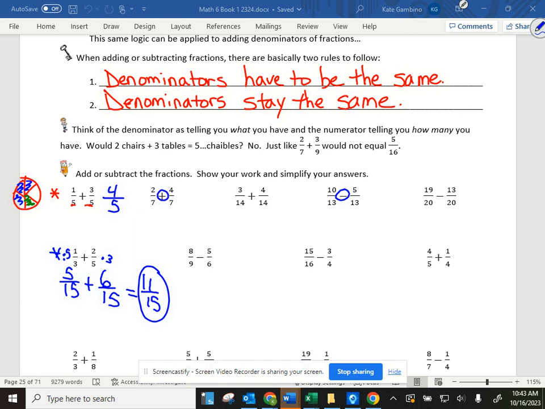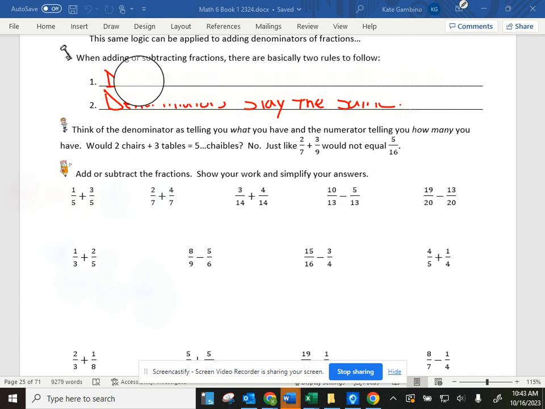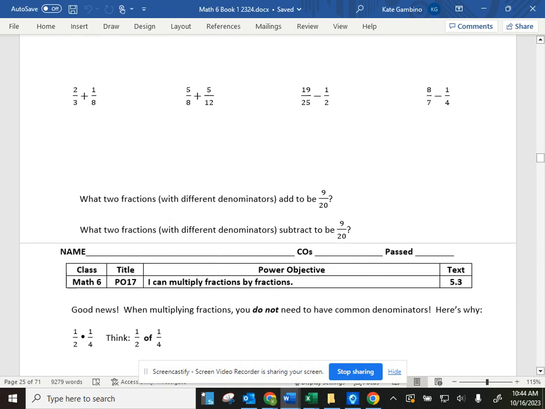On the bottom, it has some questions that you need to be able to answer. What two fractions with different denominators add to be 9/20ths? So this one is something that tricks kids up a lot when we get to this. So let's look at the bottom of our page because we're going to see stuff similar to this on our test.